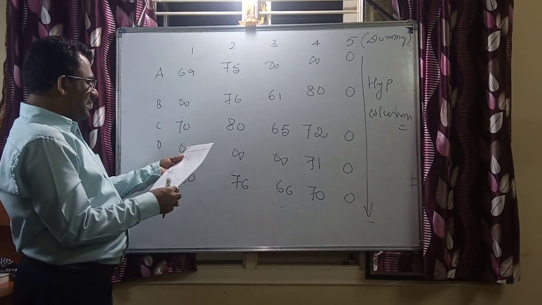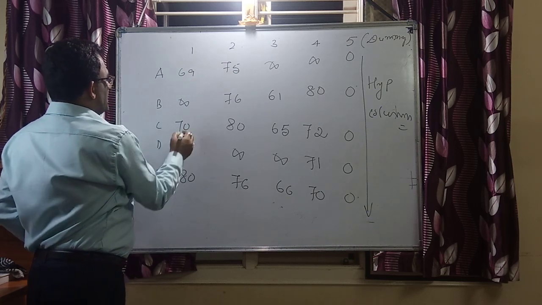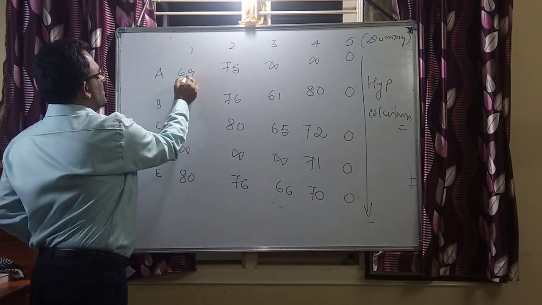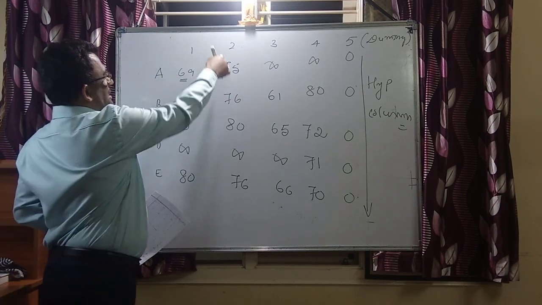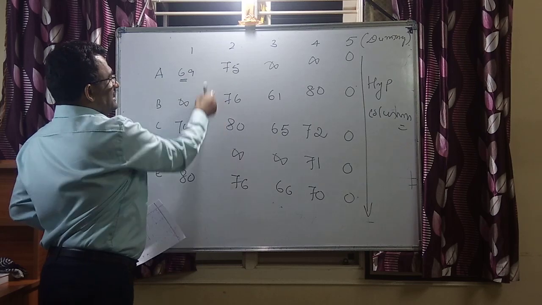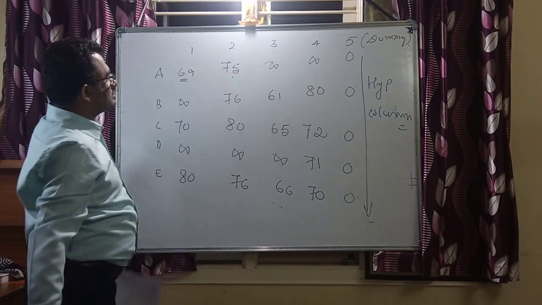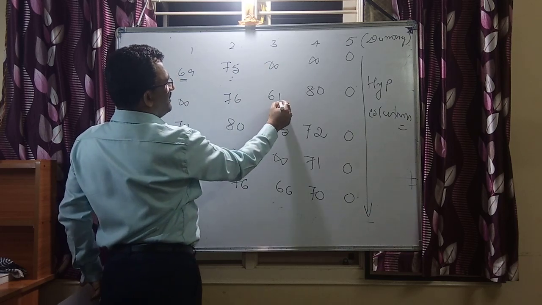If we say column minima, now here in this column, 69 is minimum. Now, this column, 69 is minimum, and now 77, 75 is minimum. Now in the third column, 61 is minimum.